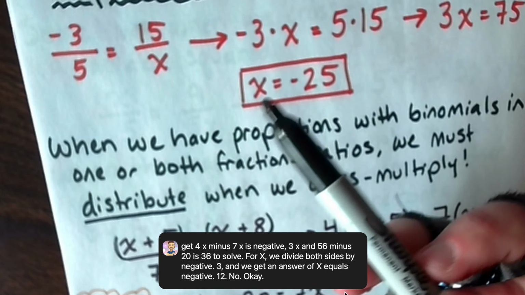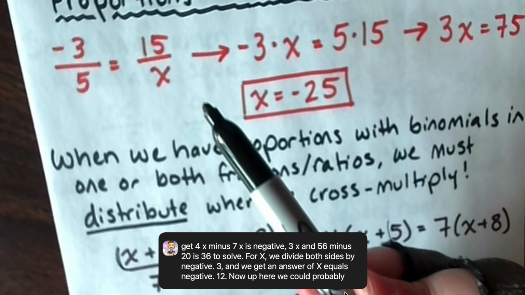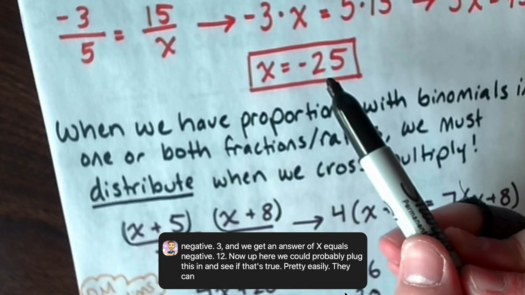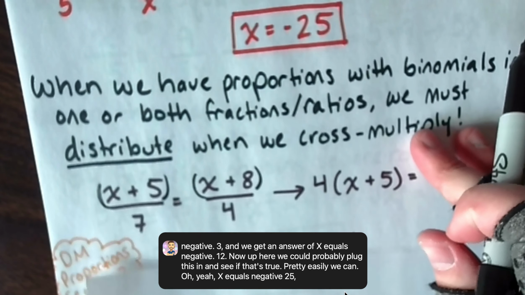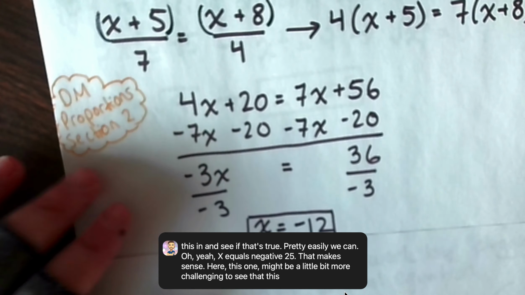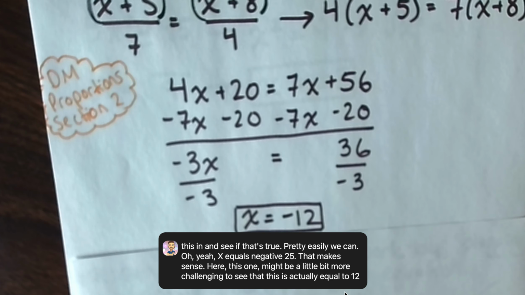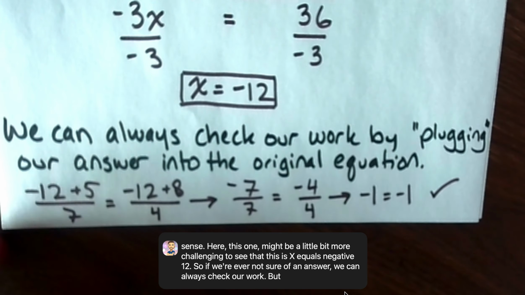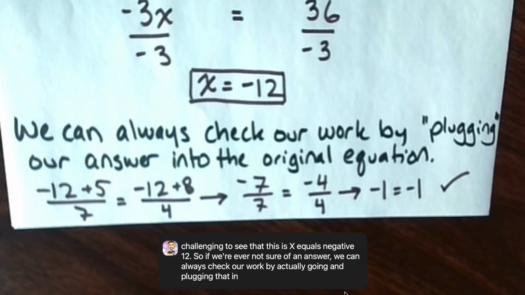Up here, we could probably plug this in and see that x equals negative 25 makes sense pretty easily. This one might be a little bit more challenging to see that x equals negative 12. So if we're ever not sure of an answer, we can always check our work by plugging that into the original equation.